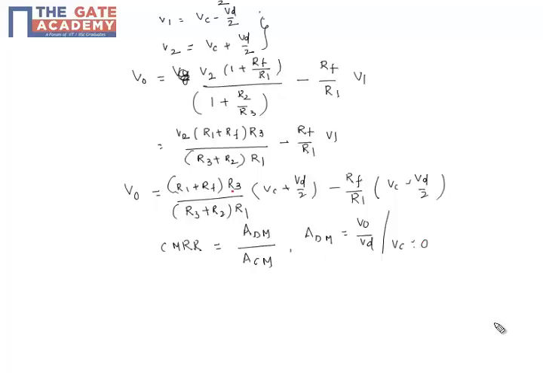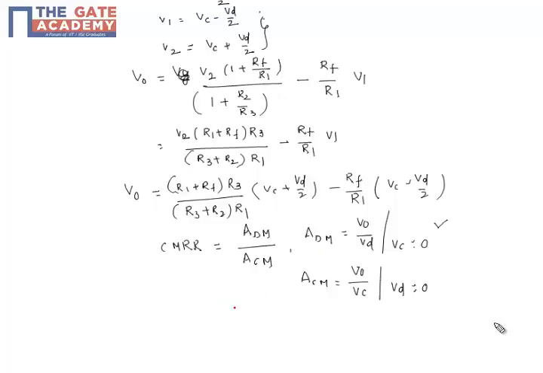So from this equation you put Vc equal to 0 and find out V0 by Vd, that is nothing but ADM. Similarly ACM is nothing but V0 by Vc at Vd equal to 0. So in the same equation you put Vd equal to zero and find out the ratio of V0 by Vc. So once you get these two values, you just substitute here.